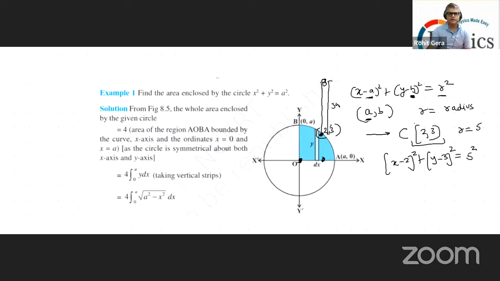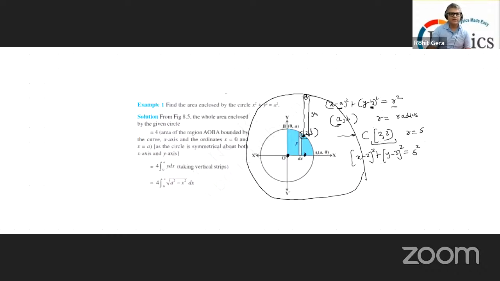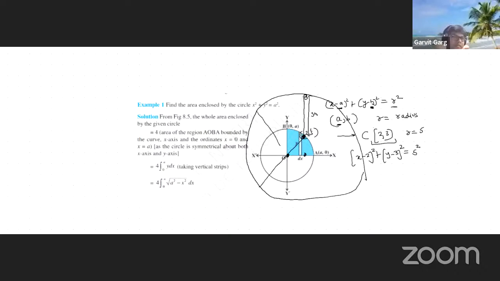Then draw a circle. Obviously this doesn't look like a circle, but that was my aim. This is the center of the circle and the radius everywhere is 5 centimeter.